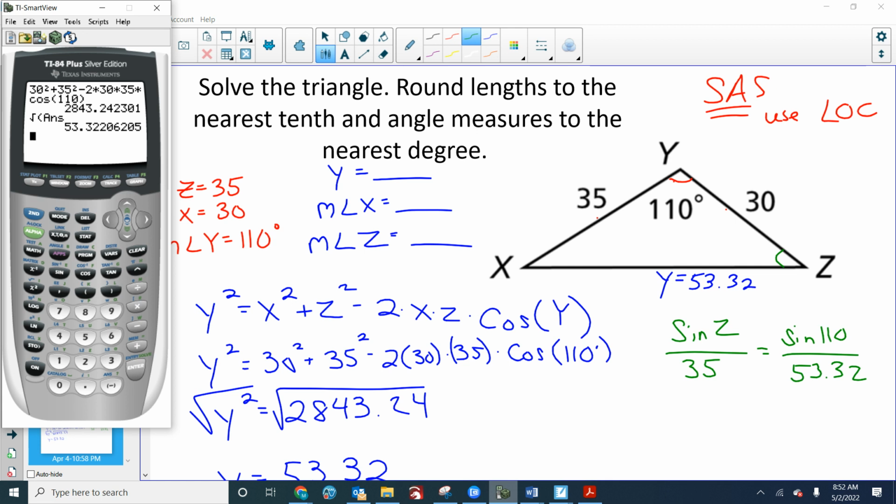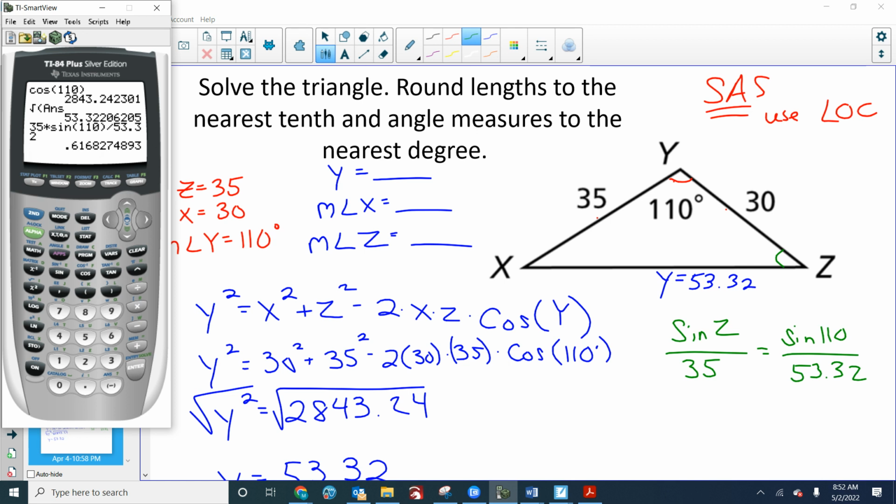So here I'm multiplying 35 times the sine of 110. Close the parentheses. If you're getting mistakes, it's because you're not closing that parenthesis. All right? Divided by 53.32.